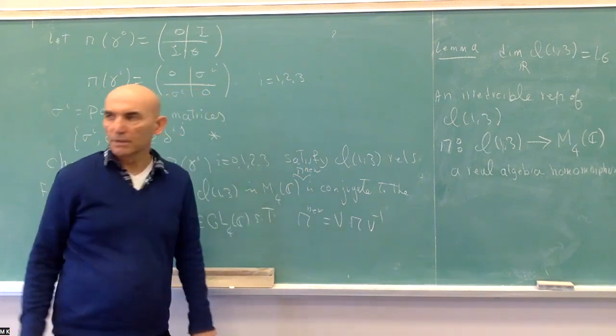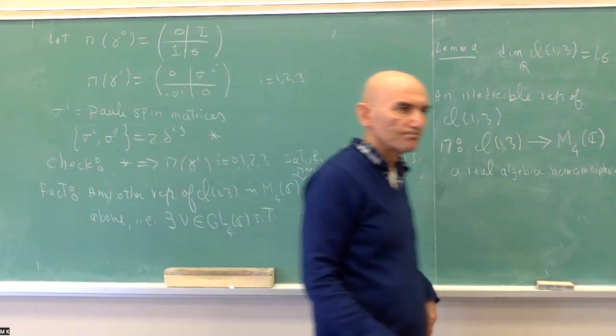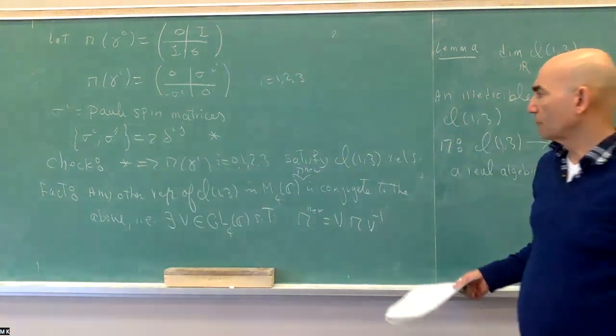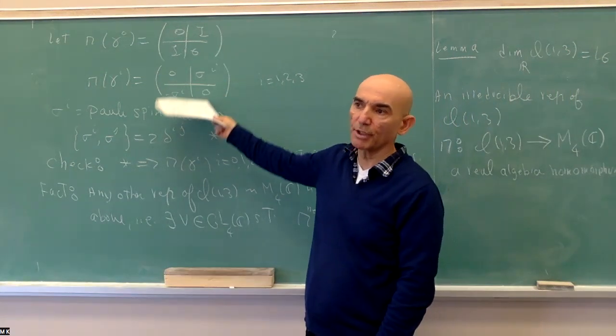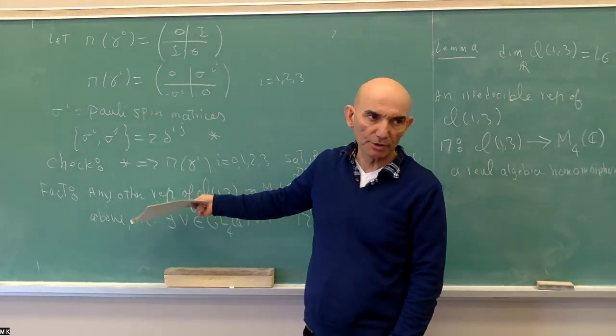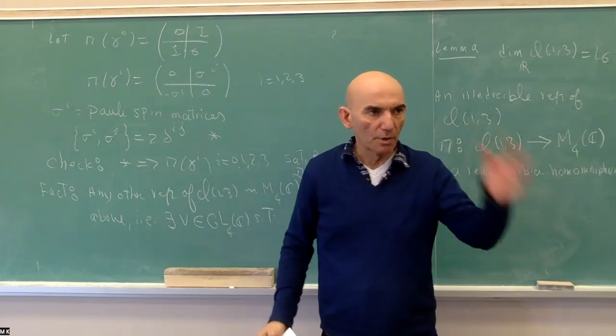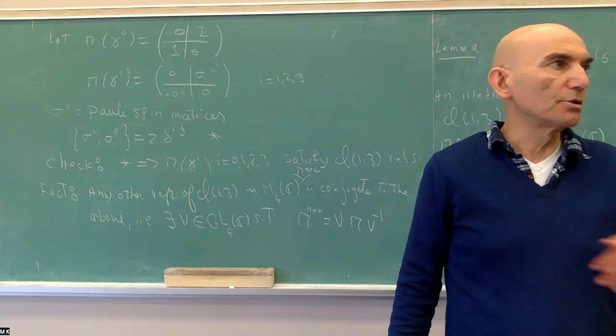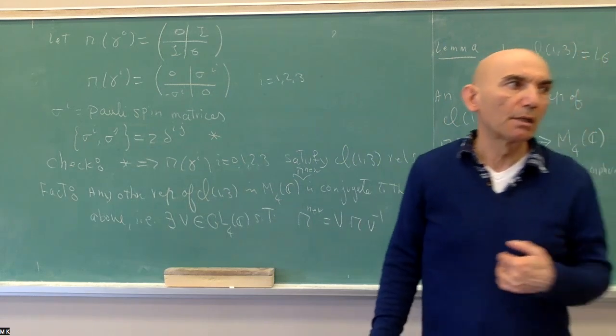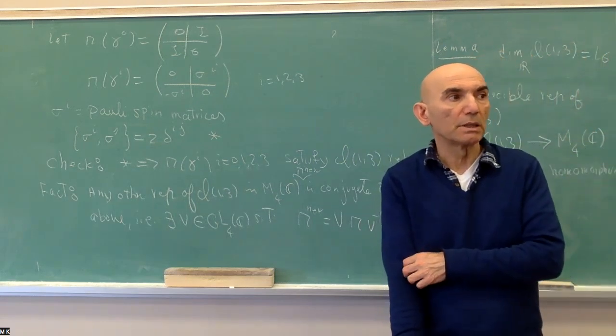You can always write it by conjugation. Obviously, if you take this set of matrices and conjugate it by an invertible, you're going to get a set of matrices that satisfy the relation. So you have a lot of freedom in choosing. If you know that there is one representation, then you know that there are infinitely many representations.